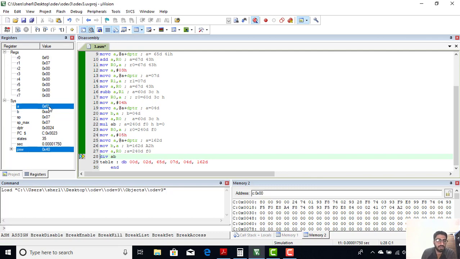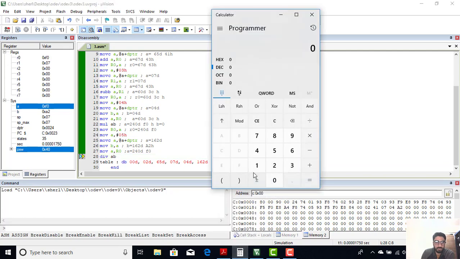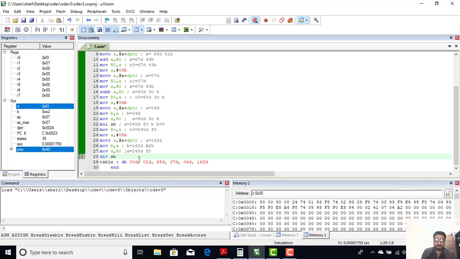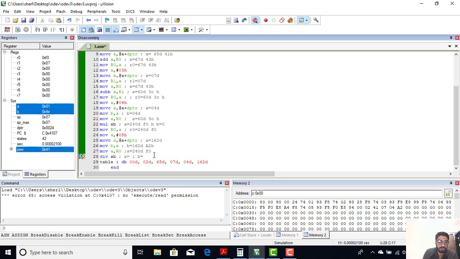Yes, this is the new value of the accumulator because we took it back from the R0 register, and the value of B now is A2, and now we are dividing. 240 divided by 162, this one is the value of A, A is equal to 1, and B is equal to, let's see from the program, 4E, of course hex, and the program is done.